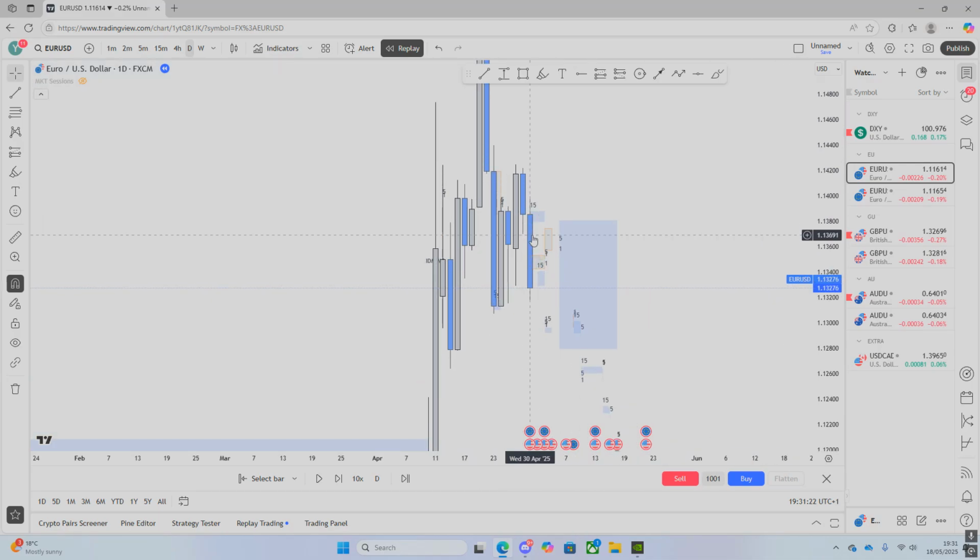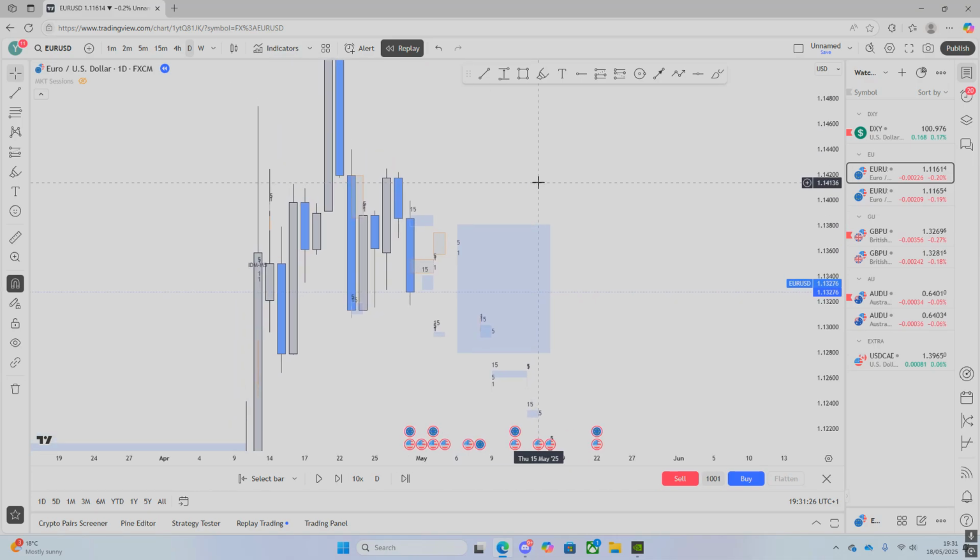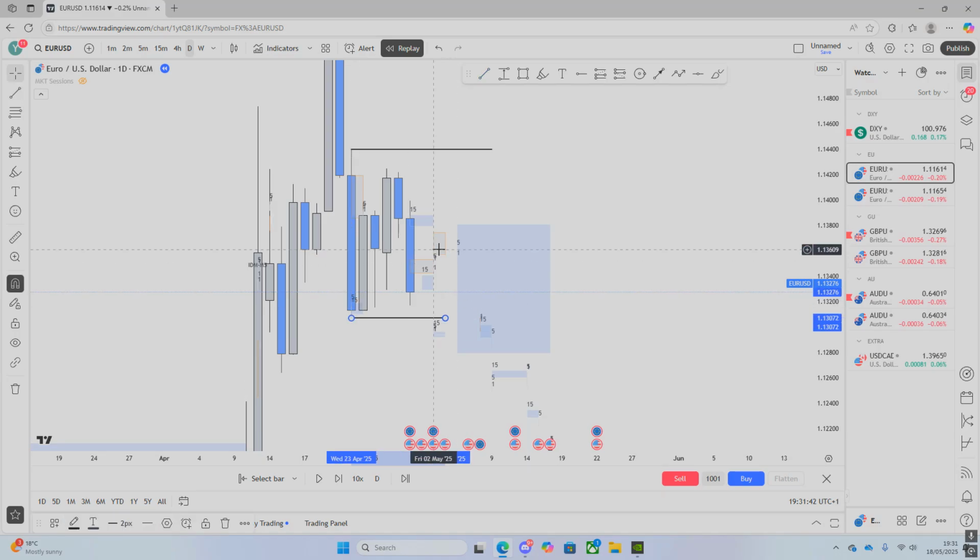Next day bias is inside. Basically I can't use that. I use 2 daily biases. It might sound confusing, but I use 2 daily biases for my strategy: the overall bias and the next day bias. The next day bias is inside here. As you can see, it's in between this candle.